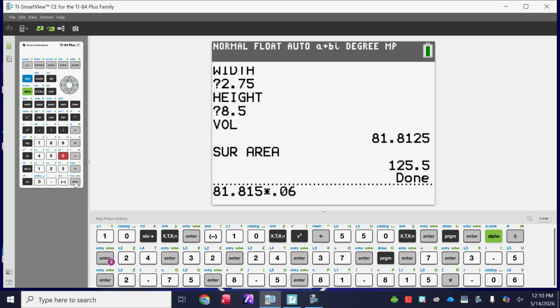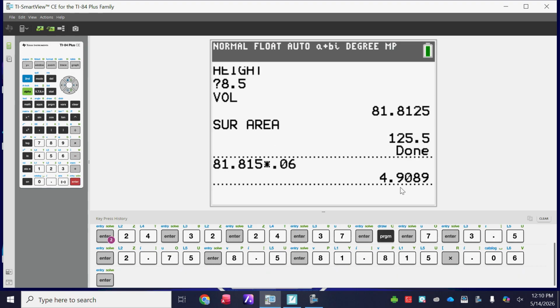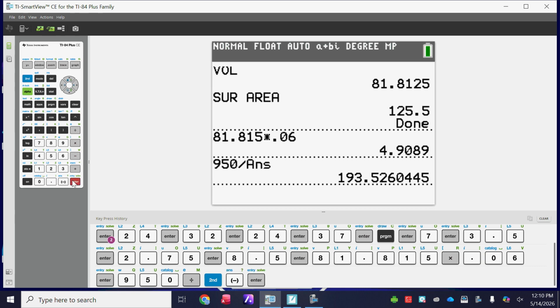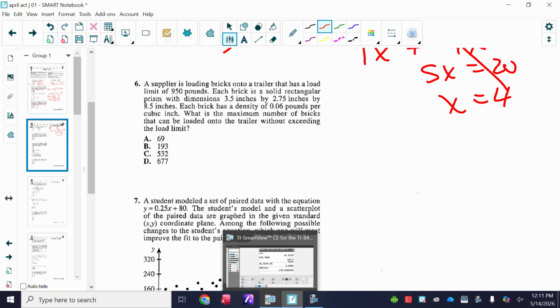So each box weighs that much, and you have how many, 950 pounds to fit that many. So 950 divided by the answer gives you 193, which is perfectly choice B.